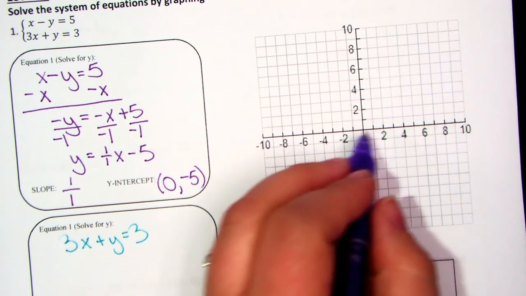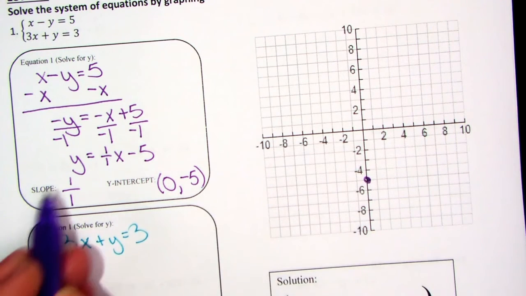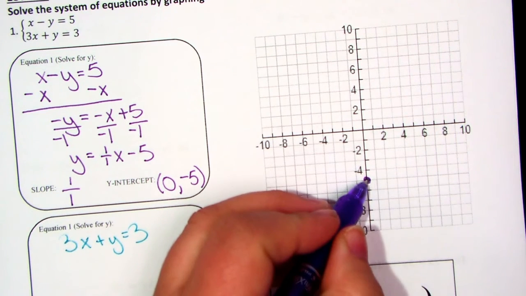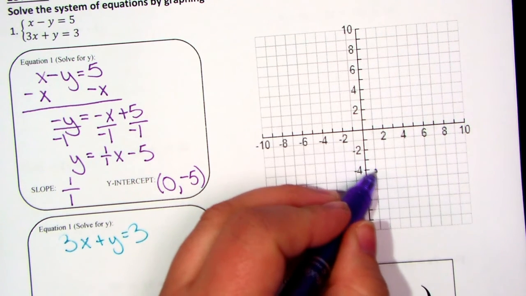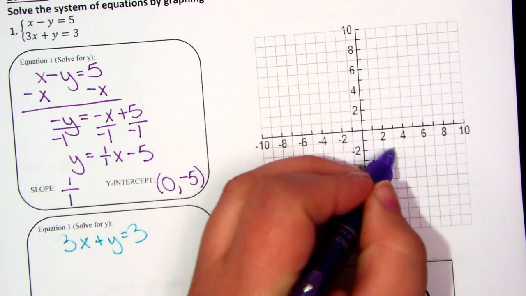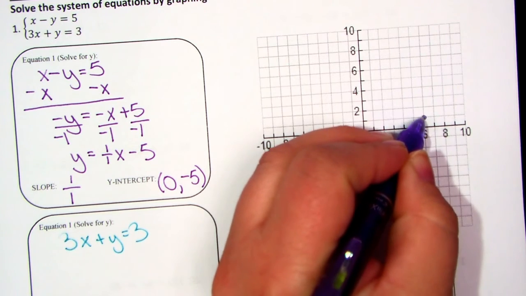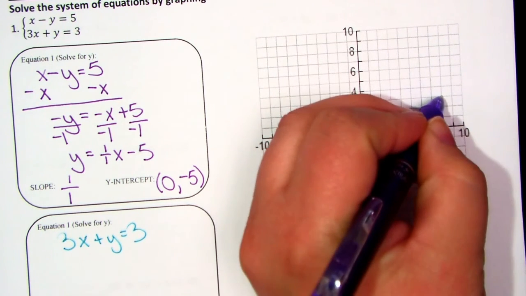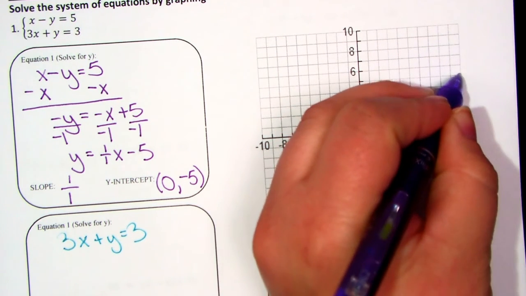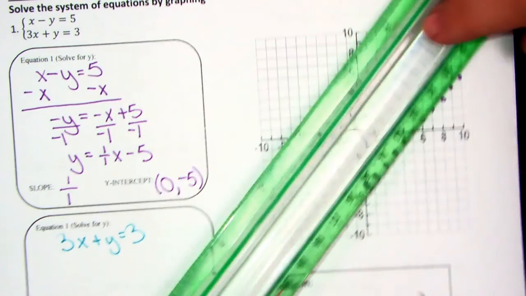So I start with 0, negative 5. And then I'm going to count the slope from that point. Up 1, right 1. Up 1, right 1. And I'm going to go all the way across and draw my line with a straight edge.